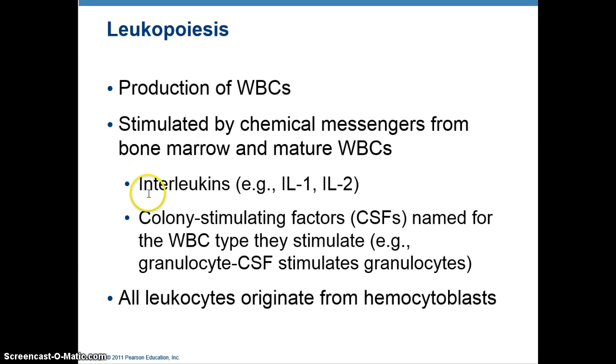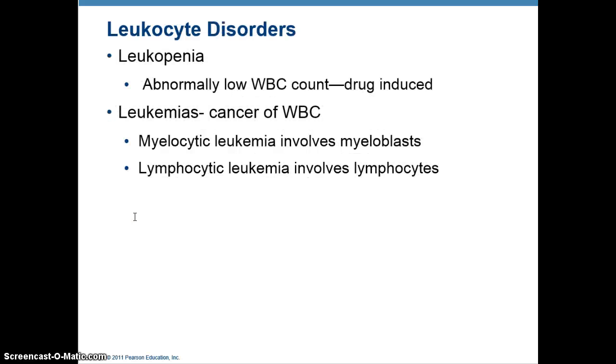They are the interleukins and the colony stimulating factors. Do not worry about numbers and names of them, just know interleukins and colony stimulating factors. Things get real crazy real quick when you start trying to track down all of the interleukins because your immune system is ridiculously complicated but also interesting.